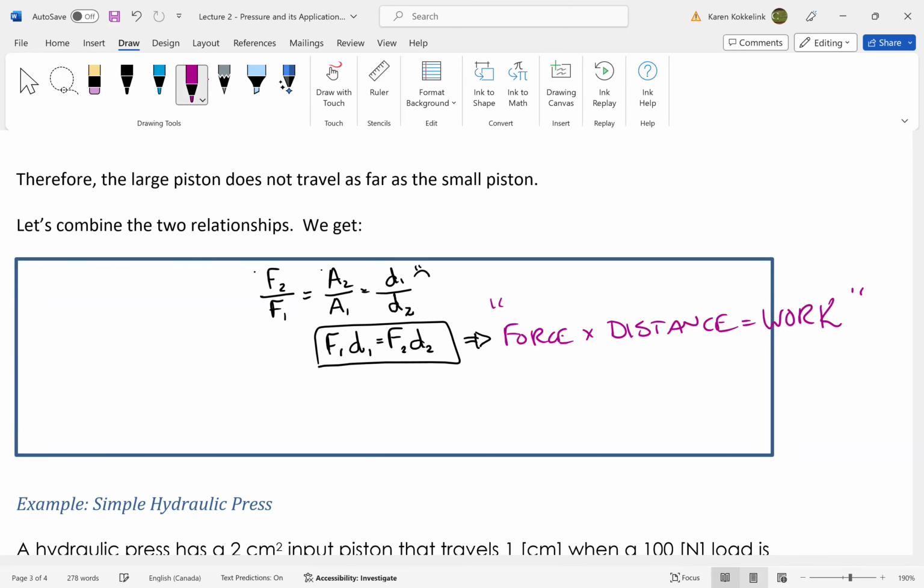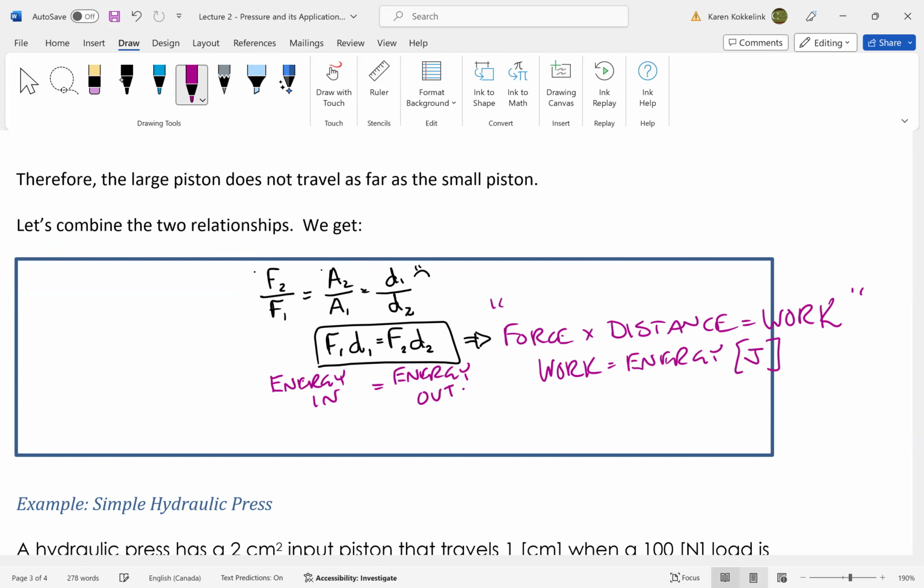Force times distance equals work is something we remember. And work is a type of energy, an energy, not a rate. Power is a rate, but work is energy in joules. So what we just showed here is that the energy in is equal to the energy out.